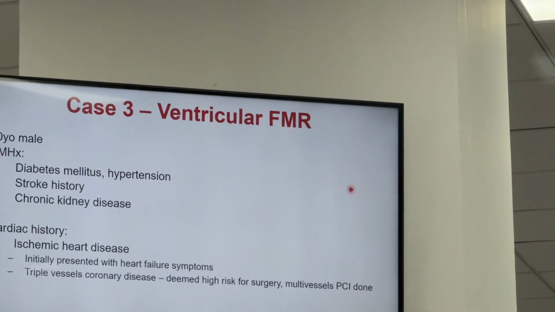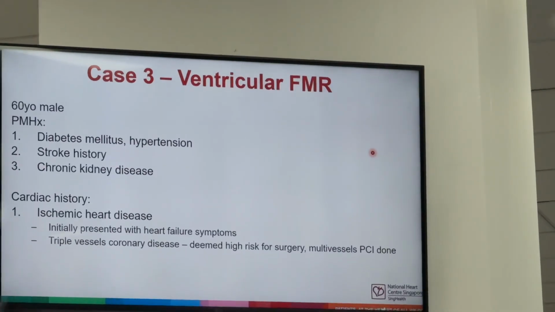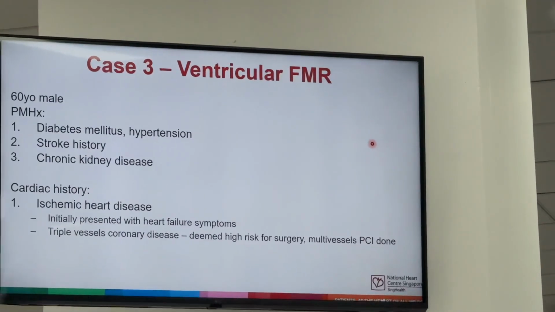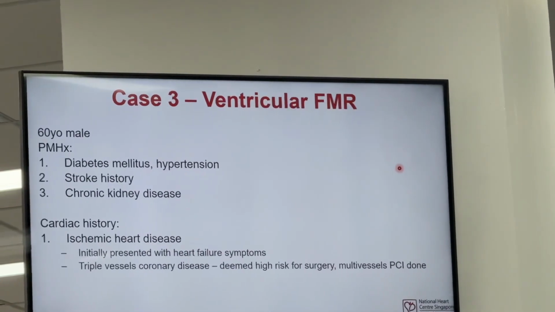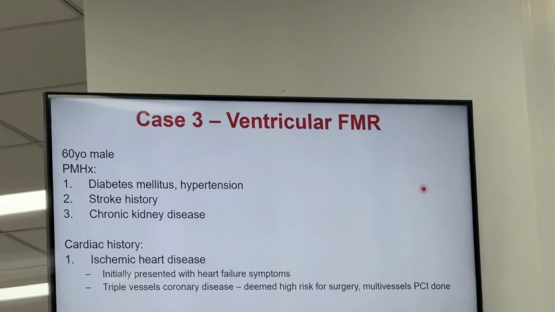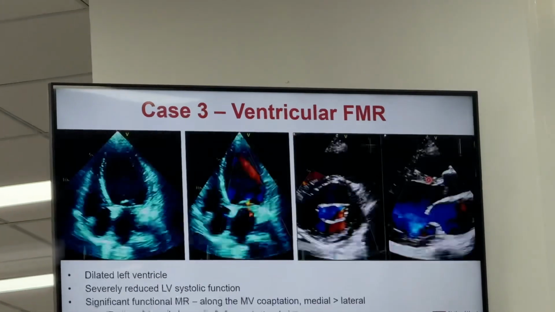He has ischemic heart disease with previous presentations of heart failure symptoms, and has diffuse coronary artery disease, and was deemed to be high risk for surgery, therefore multiple stenting was performed in the past.